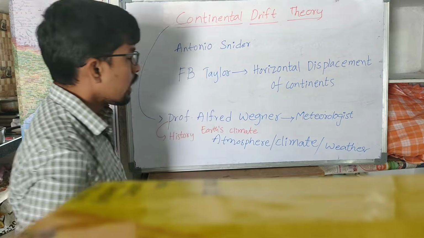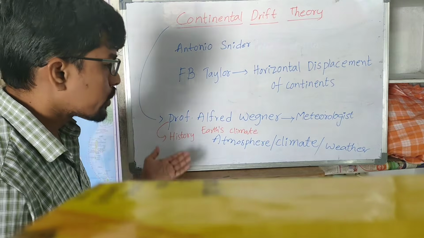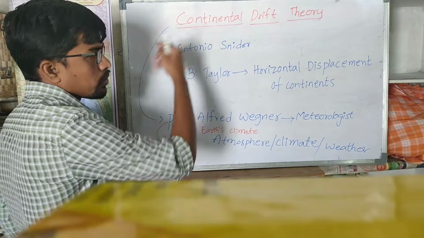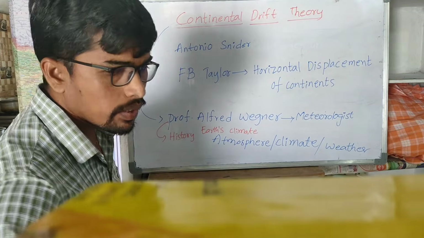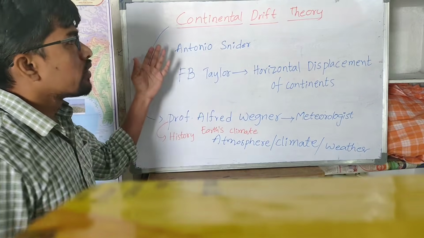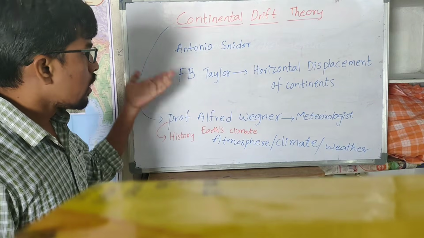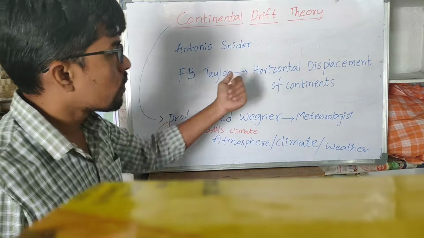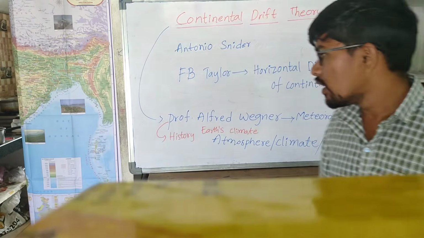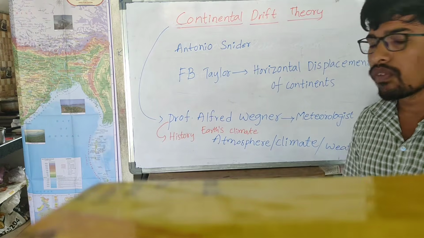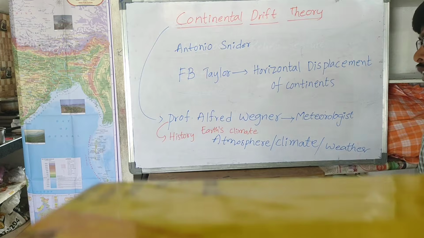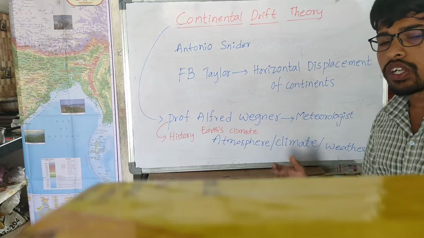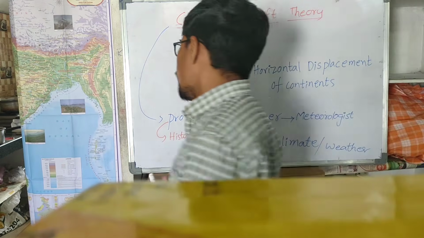In the process of knowing the past history of the Earth's climate, he developed the concept of the continental drift theory. So the first concept was given by Antonio Snider, later developed by F.B. Taylor as the horizontal displacement of the continents, and later the proper theory was given by Professor Alfred Wegener.